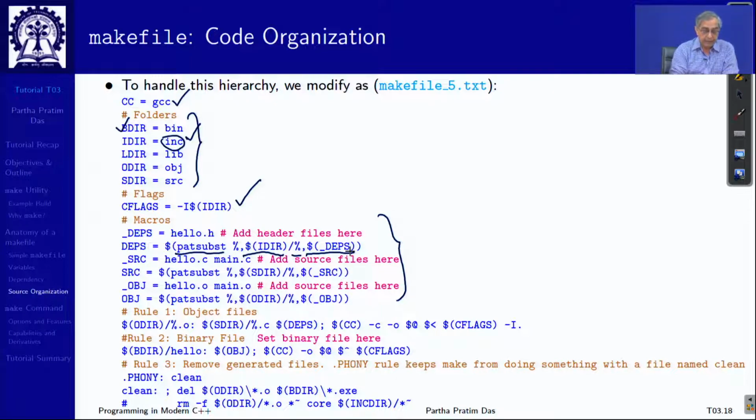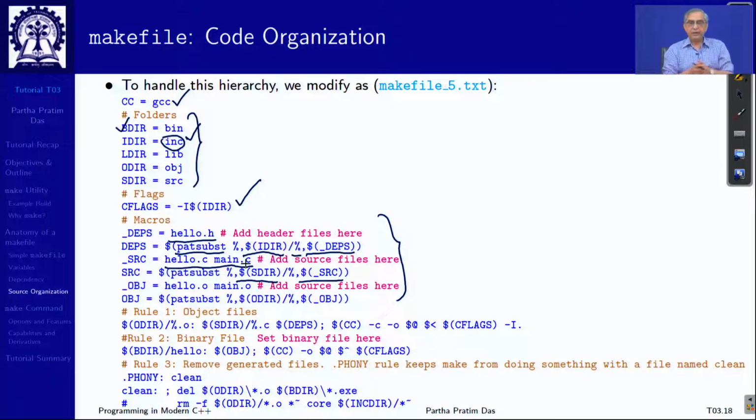So, whatever the dependency is, say hello.h, this will give me a string which is inc/hello.h. Similarly, I do that for SDIR with src as source, which has two source files. So, it gives me src/hello.c, src/main.c, like this, right, a very standard way of writing.